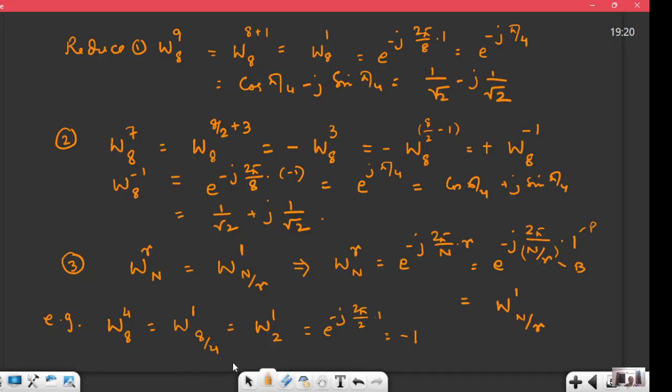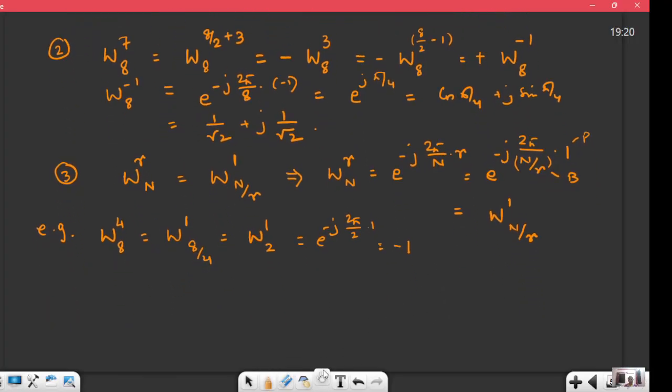Another instance: you can apply these properties repeatedly. For instance, you have to reduce W49. This can be written as W4, 4 plus 5, applying the periodicity property.